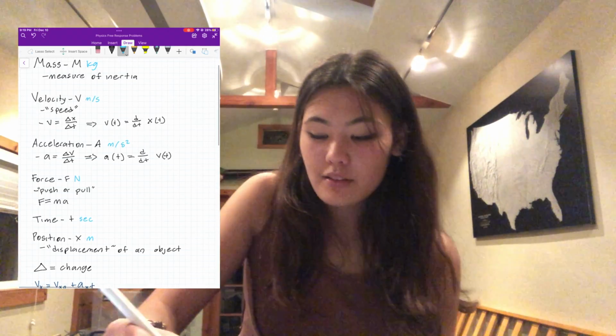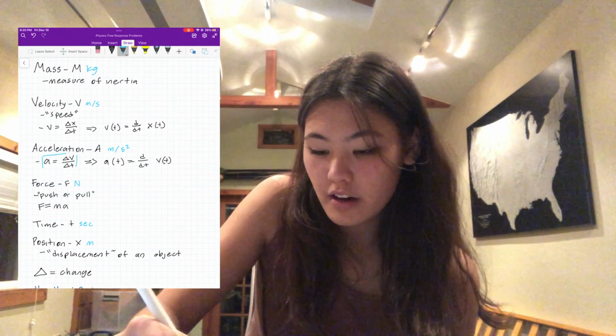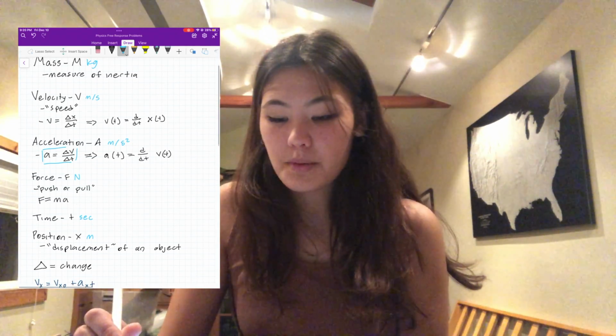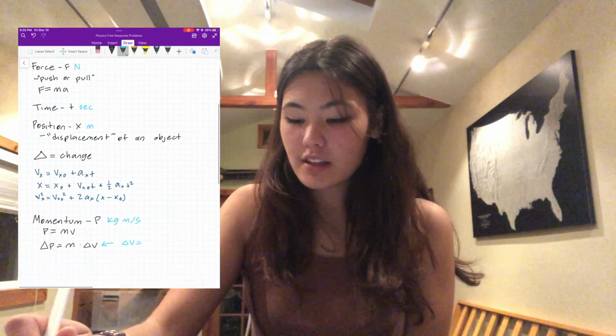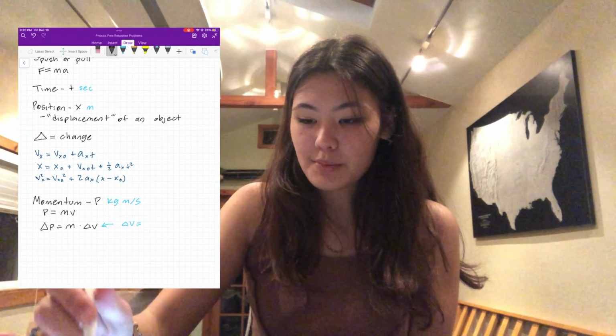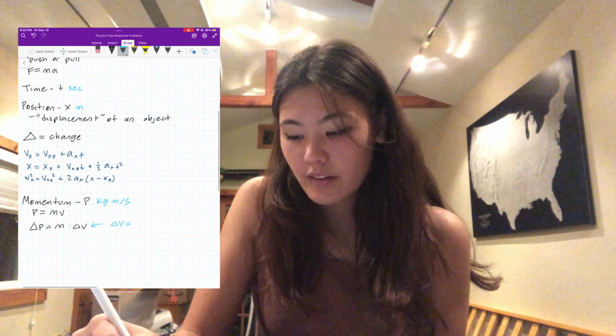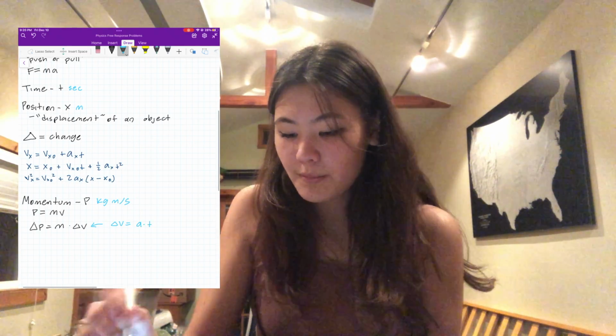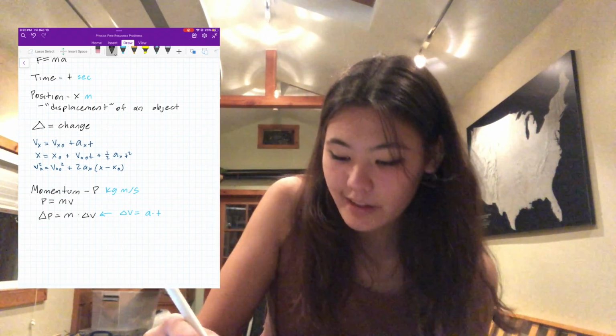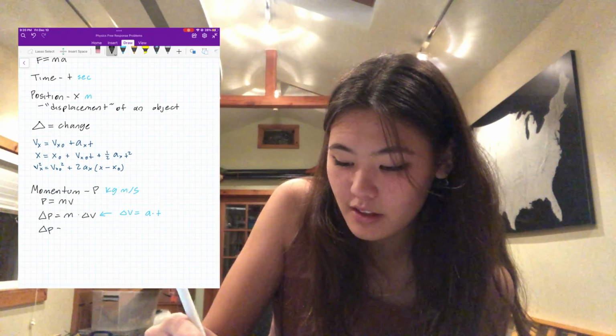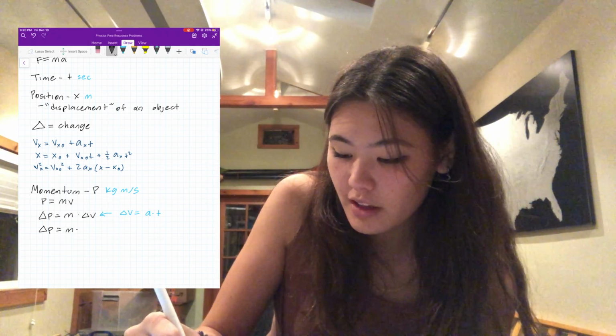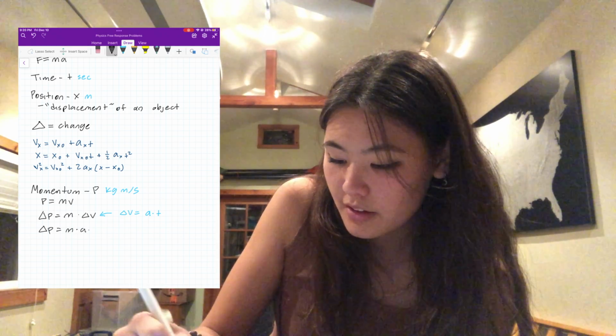Before we wrote out this equation here, a is equal to delta v over t, and if we switch that around, we have delta v is equal to a times t. And then we can plug that into this equation right here. Delta P is equal to m times a times delta t.